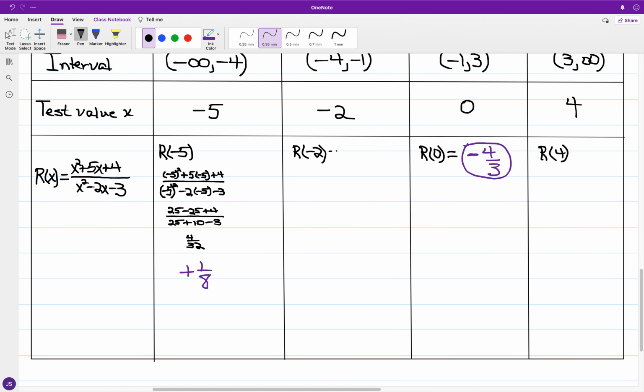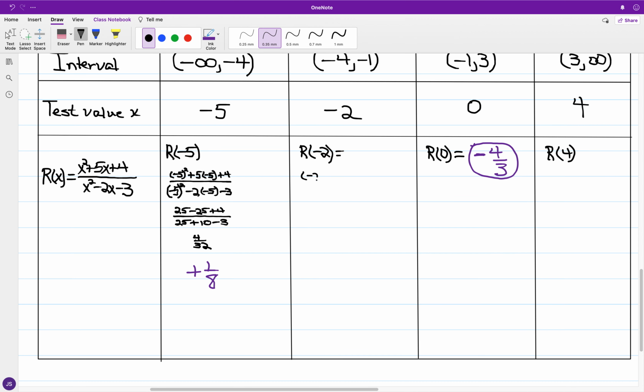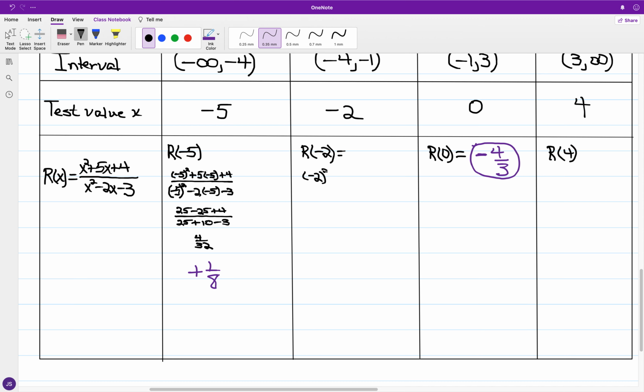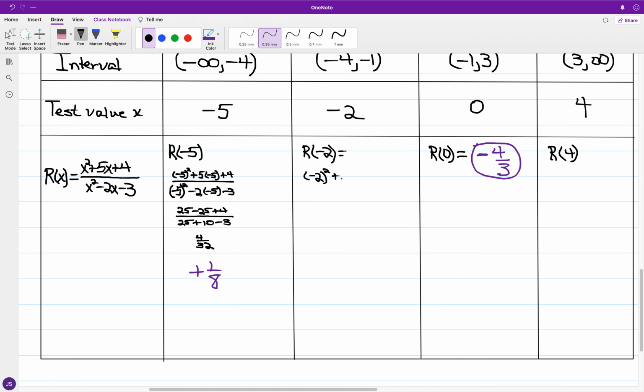Now for r of negative 2. For r of negative 2, we have negative 2 squared, then we've got plus 5 times negative 2 plus 4. And we have negative 2 squared minus 2 times negative 2 minus 3.